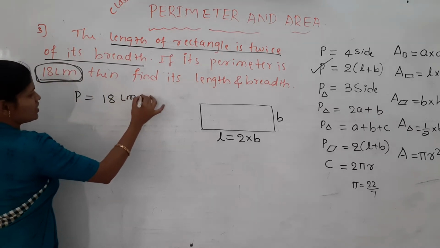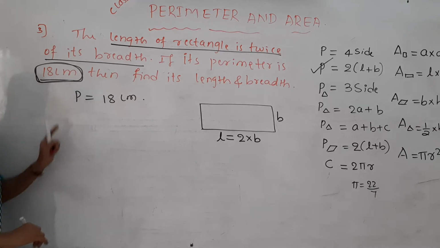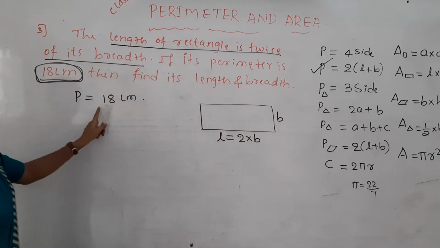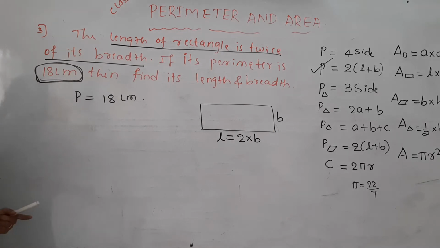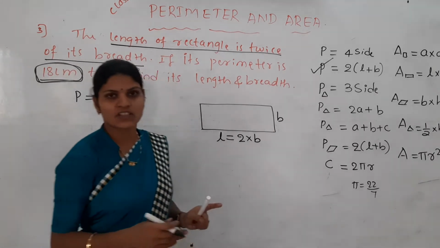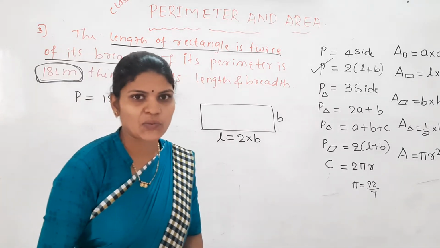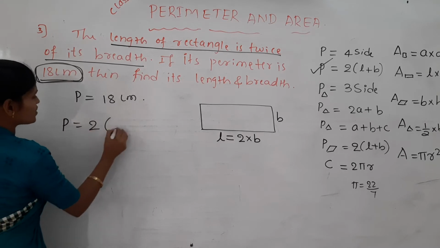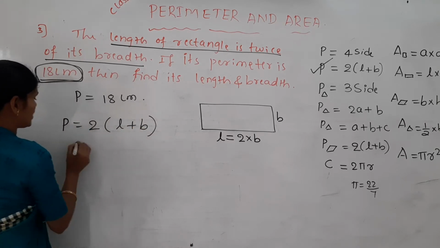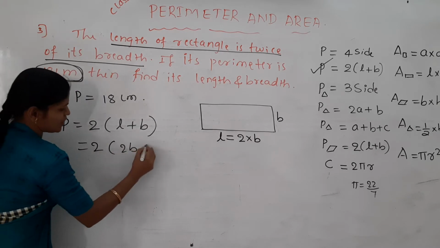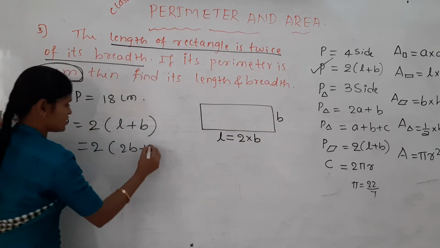Yes, 18 centimeter. We know the length, we know the breadth, and we know the perimeter. With length and breadth in terms of a variable, we can now find that variable. Perimeter of the rectangle is equal to 2 times (L plus B). Length is 2B, plus breadth B as it is.